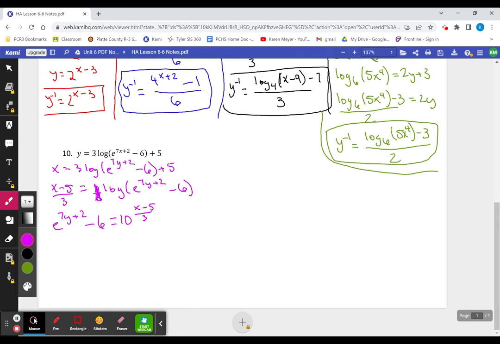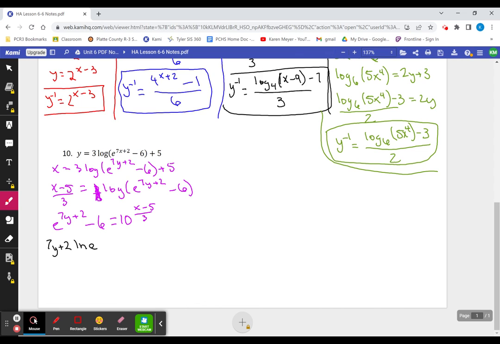And if I'm trying to solve for y, I'm going to notice, ooh, y is a power. The only way that I can take y out of the power is to put a ln on both sides. And I chose ln because it has the letter e in it. So if I put an ln on both sides, then I get to pull my exponent out in front. So I would have a 7y plus 2.